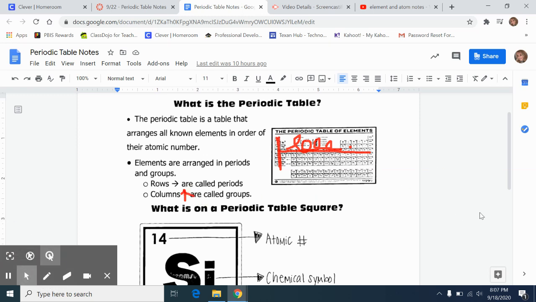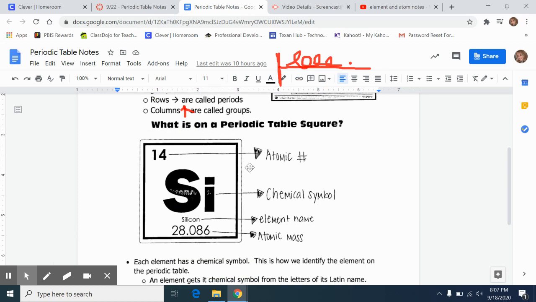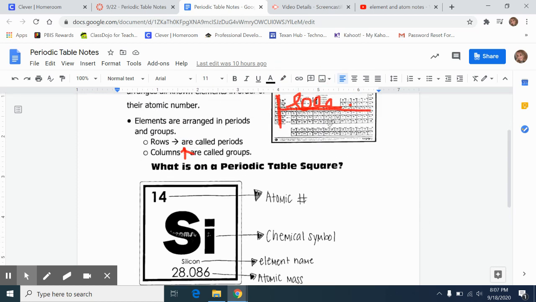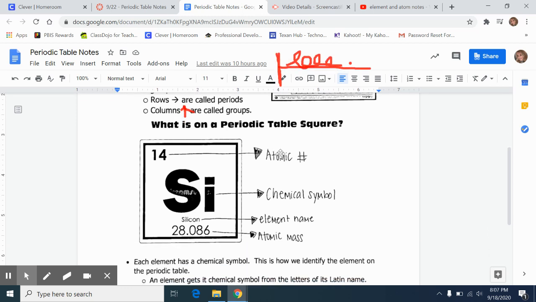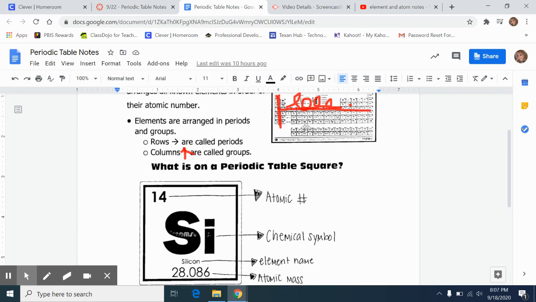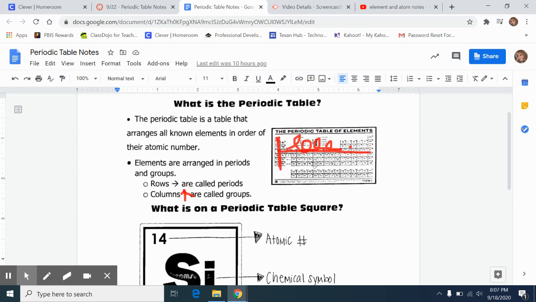Now let's move on to an actual periodic table square right here. Every single one of these little bitty tiny squares has these four things on it for each element. The first thing is an atomic number. It'll be at the top somewhere. And the atomic number is awesome because it helps organize your periodic table.